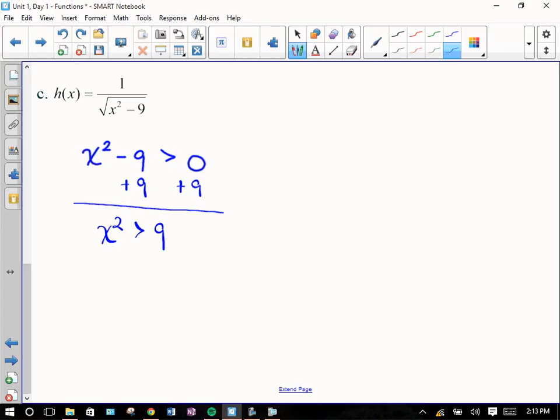I gotta get rid of the exponent. It's squared. What undoes squaring? Square root. So I'm going to get x is greater than 3, because the square root of 9 is 3.